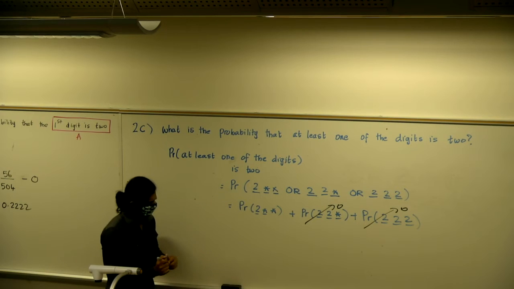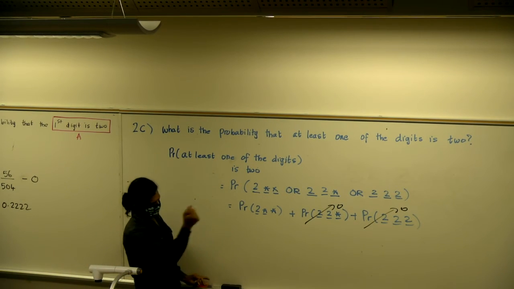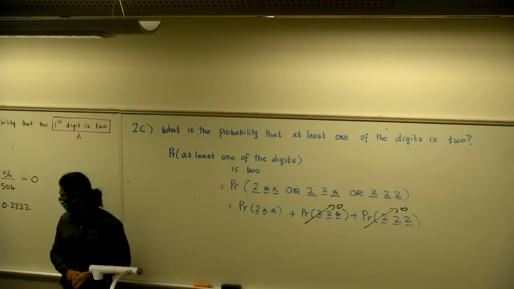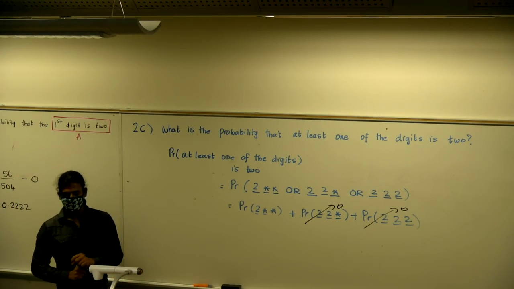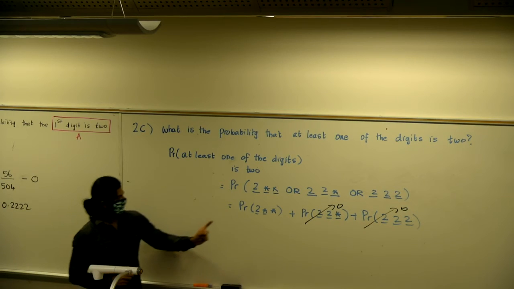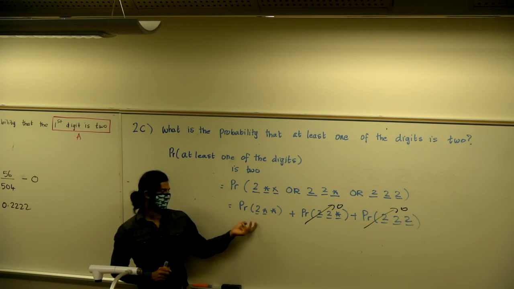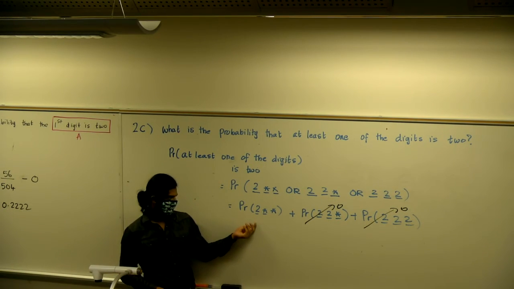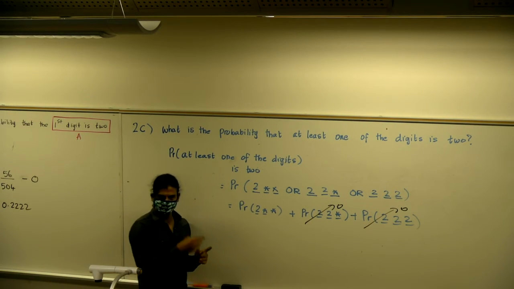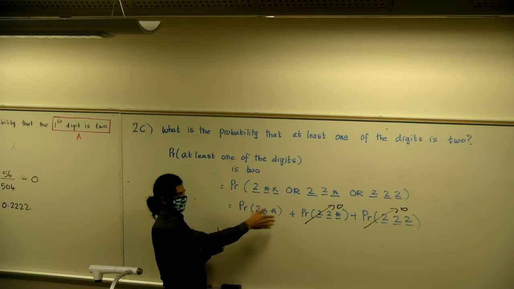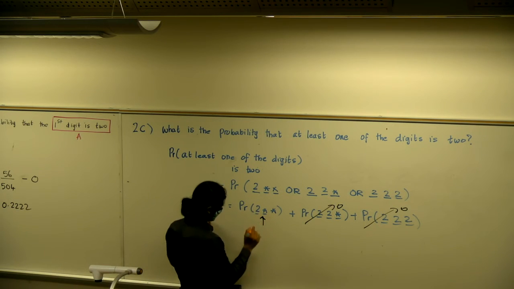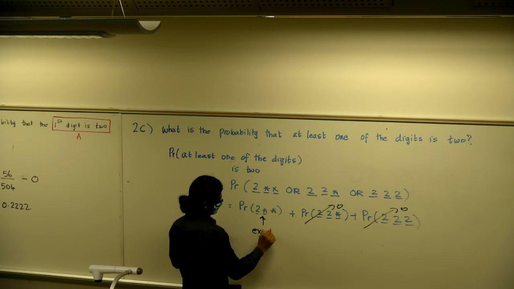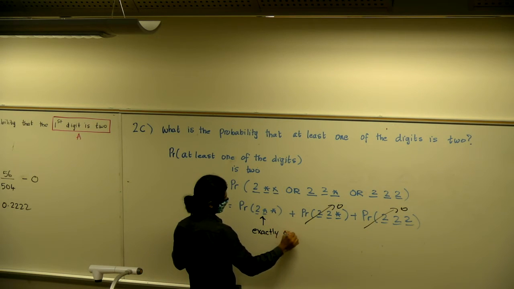And you may argue, well, that's happening only one time, so the answer has to be 56 over 504. But that's not true. At least one of the digits is 2 simply means either this is possible, right? Exactly one of them is 2. Maybe I should write that. That actually means exactly one digit is 2.